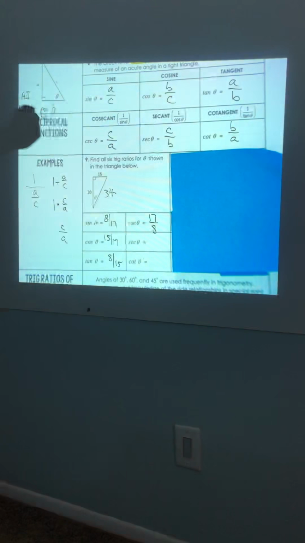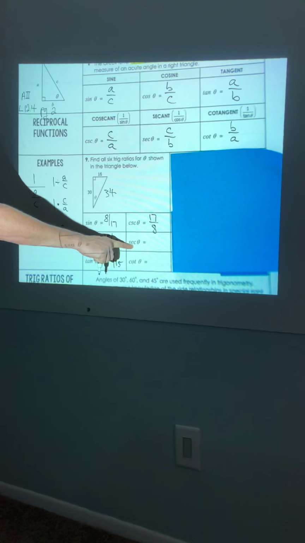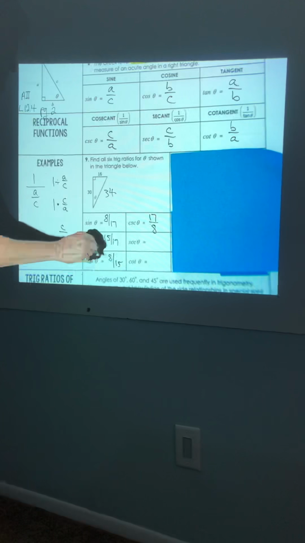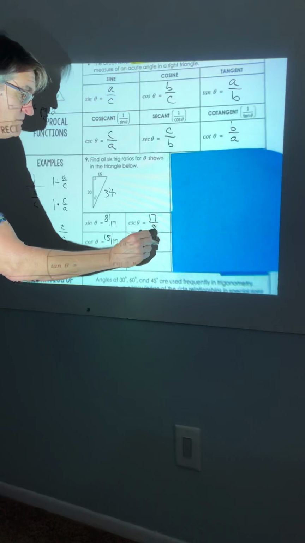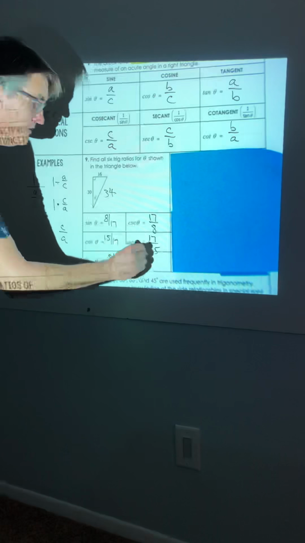Cosine of theta is 15 over 17. You want the secant, so you flip it: 17 over 15. And finally, for the cotangent, you flip tangent and you get 15 over 8.